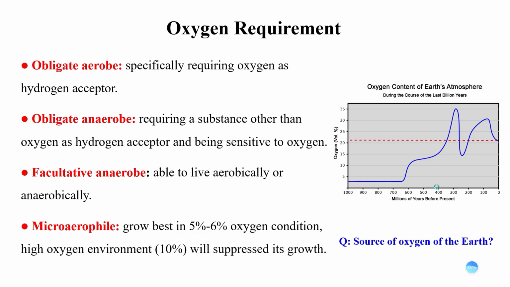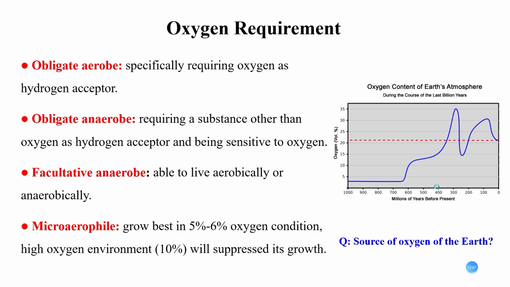Then it began to accumulate, to rise. Around 200 to 300 million years ago, the level was as high as 35%, very high. After that, it dropped to about 15%, rose again and dropped again. Now it's here.